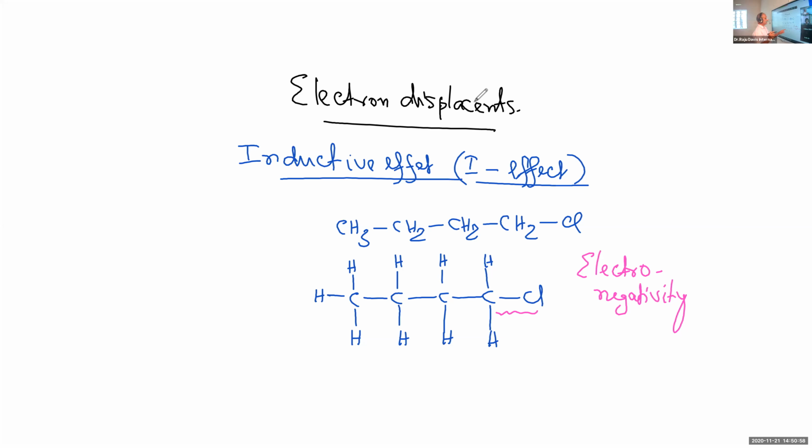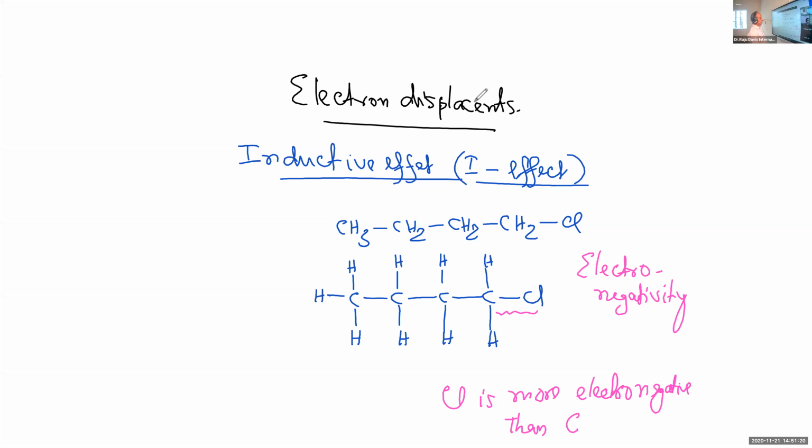But you can see that here chlorine is more electronegative than carbon.